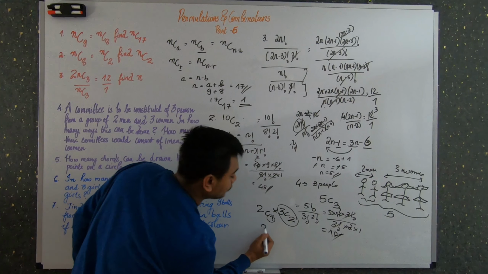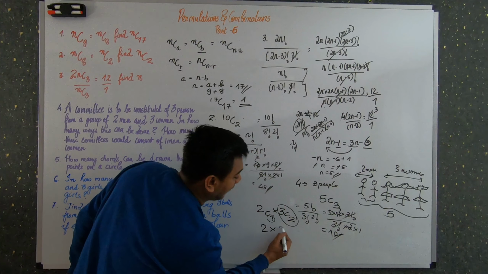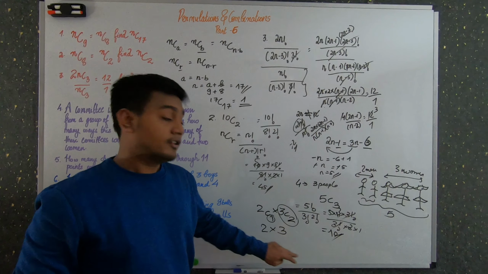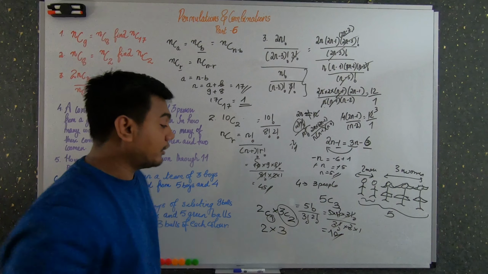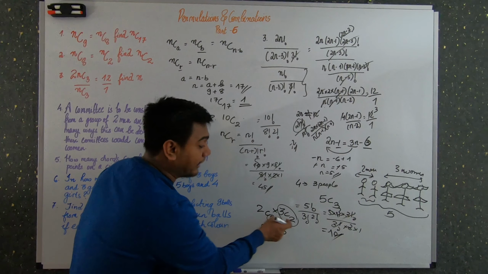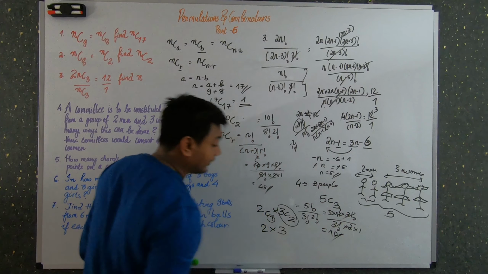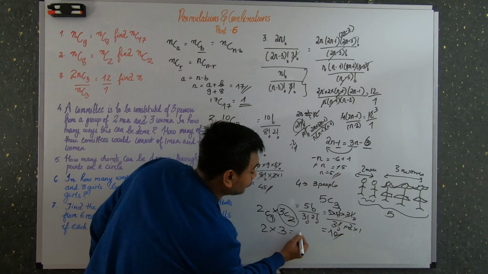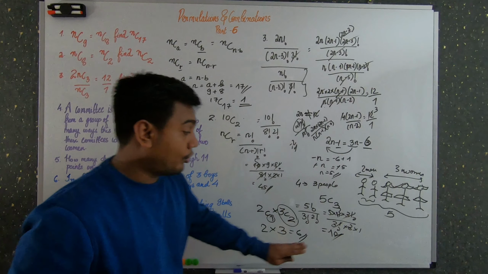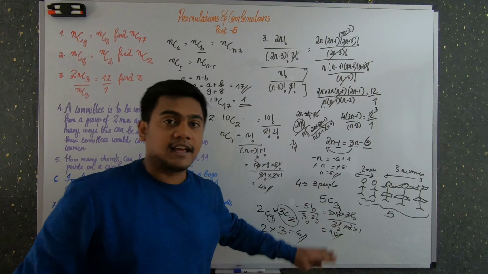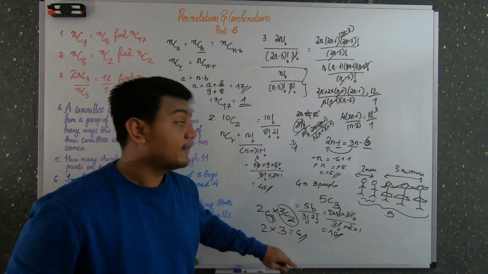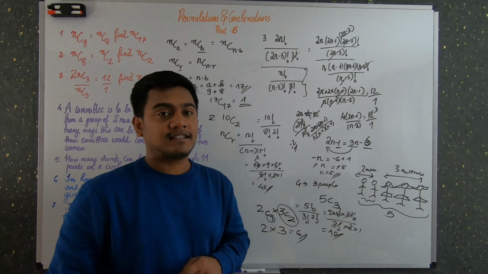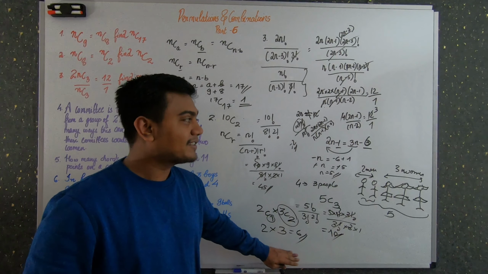So 2 into 3 factorial by 2 factorial. I know it already. That's why if you have any confusions, don't write it directly, just calculate it and do it. I already know that 2C1 is 2 and 3C2 is 3. So 2 into 3, 6. So out of these 10 possibilities, there are 6 possibilities in which 1 man is selected and 2 women are selected in the committee. I hope it's clear.